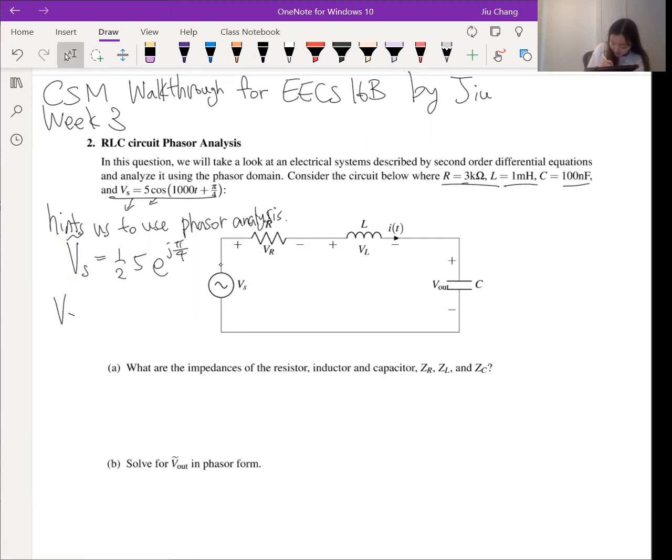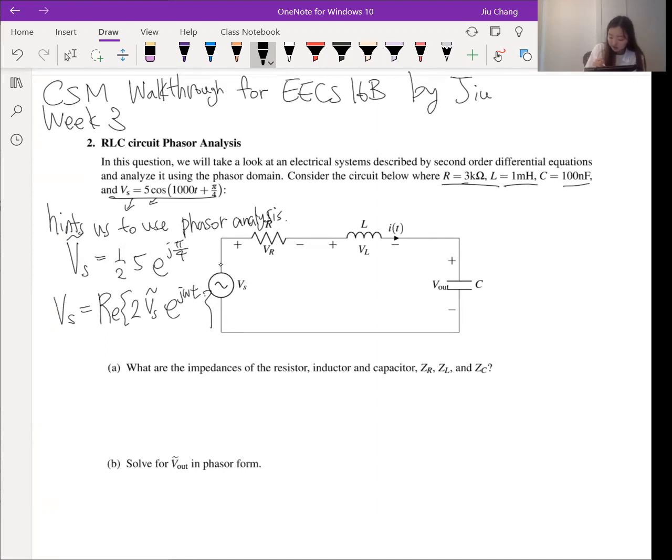And we know that our actual 5 cosine will be the real part of 2 times Vs phasor times e to the power of j omega t.